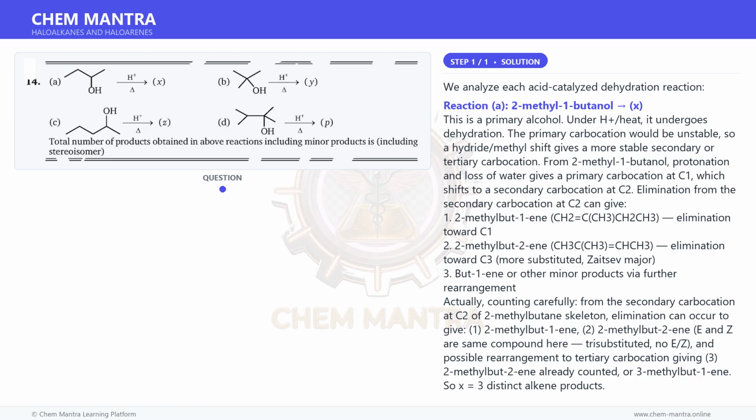From 2-methyl-1-butanol, protonation and loss of water gives a primary carbocation at C1, which shifts to a secondary carbocation at C2.